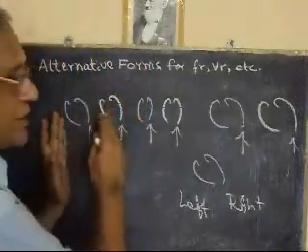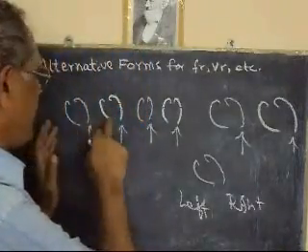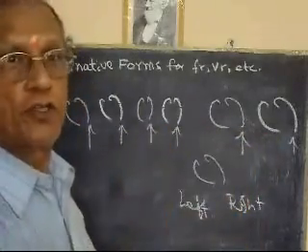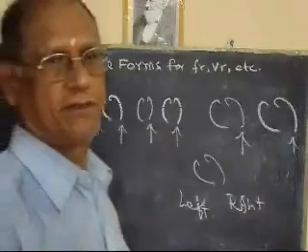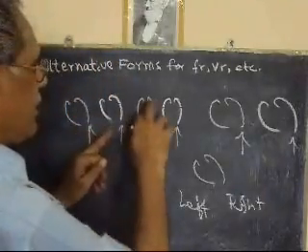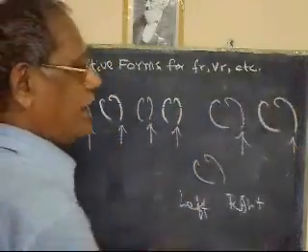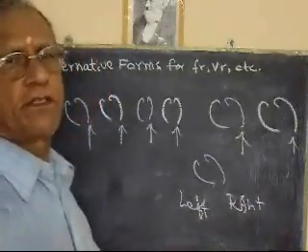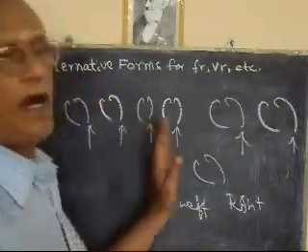So, these curves, far, var, thar, dar, fal, val, are written with the left motion, so they are called left curves. The curves written with right motion are called right curves.